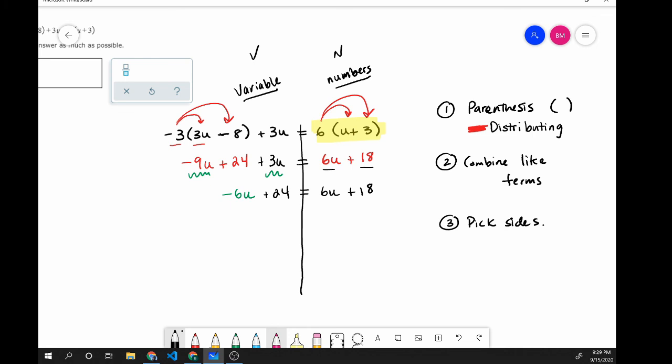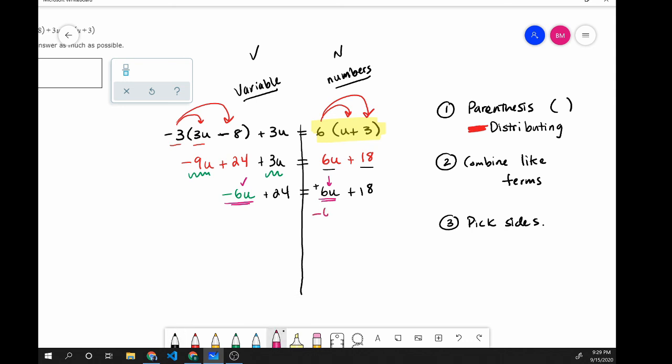So let's go through what our variables are. So here, there's the variable, and there's the variable. Now, the negative 6u here is good. It's already on the variable side. However, this one is on the number side. It's on the wrong side. We have to move that. Right now, it's a positive 6. So to cancel it out, we have to do minus 6 to both sides.